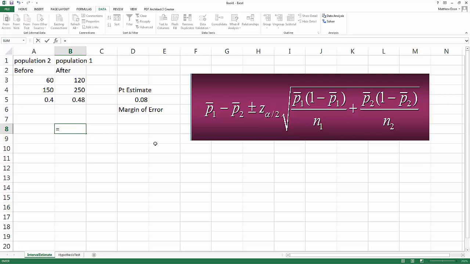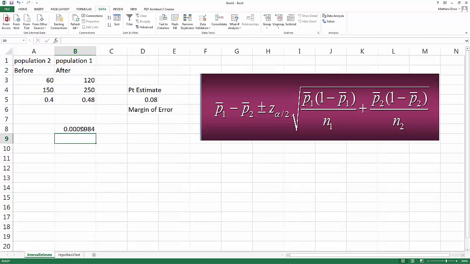So P bar 1 is the 0.48 times 1 minus 0.48, which is 0.52, but I purposely am using the reference instead. That needs to be in parentheses because I will need to subtract it from 1 first. And then divide by the sample size, which is 250. And so I get a small number.